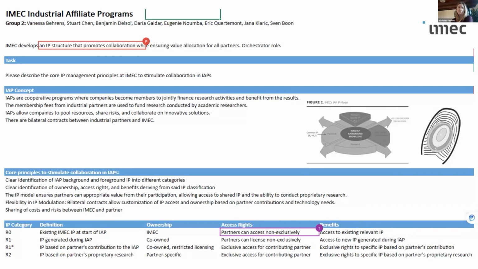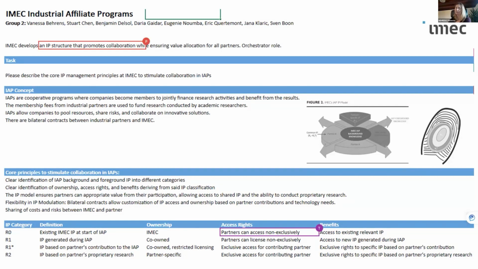And then the IP model ensures that partners can appropriate the value from their participation and gives them access to the shared intellectual property and the ability also to conduct their own proprietary research. There is some level of flexibility in the IP modulation.